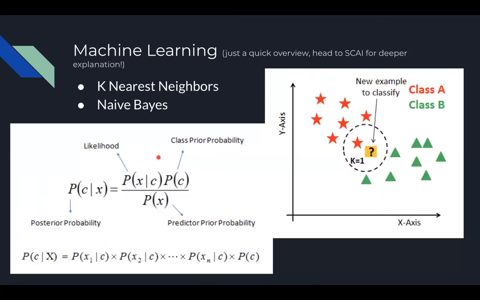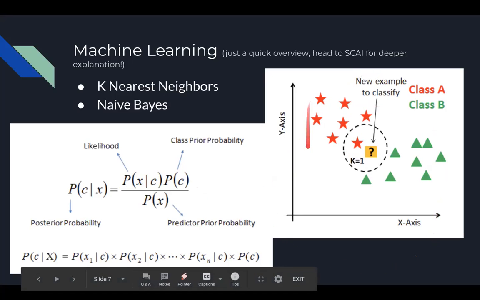So now we can look into machine learning. The basic idea behind machine learning, or at least supervised machine learning, which is what we're talking about here, is that you're given a bunch of data and you want to learn how to decide certain things about new data. Let's look at this graph over here.